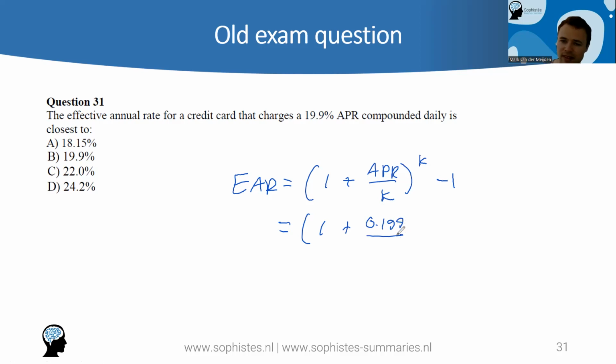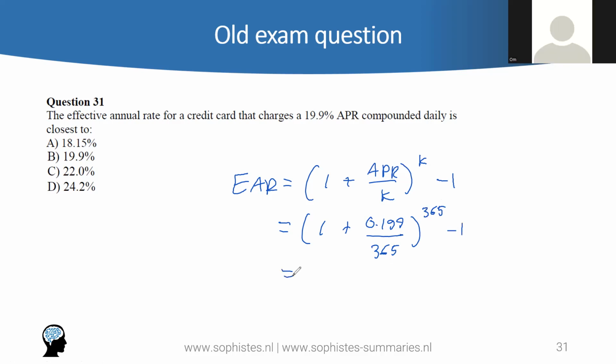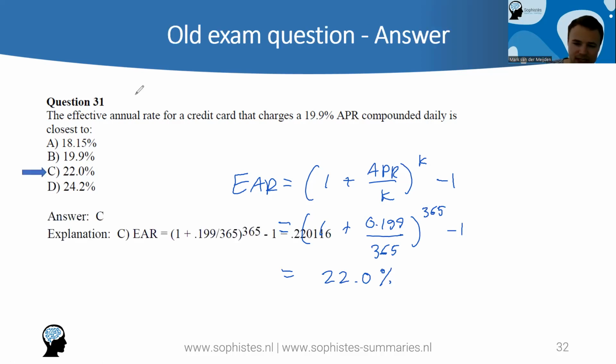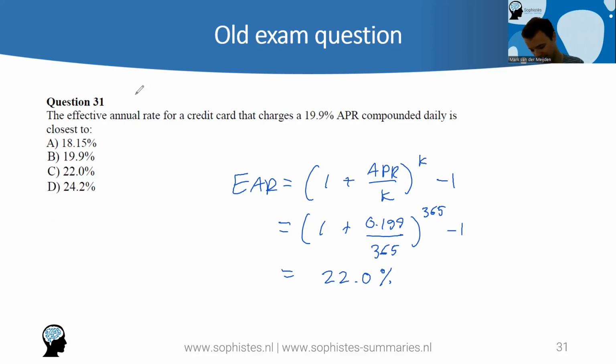Yeah, 365 times. What do you get? 0.220. And if you multiply that by 100, how much percent? 22.0%. Let's see if that's correct. Perfect, that's correct. Very good, guys.